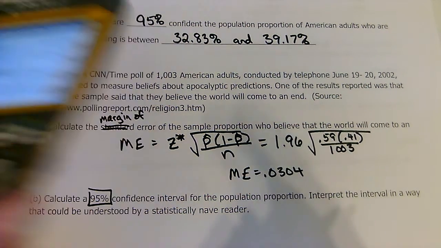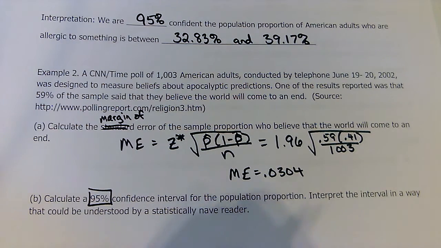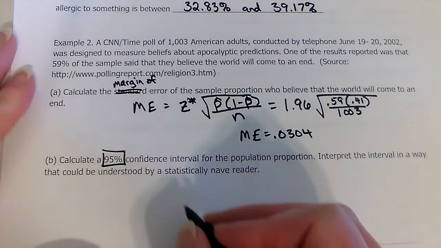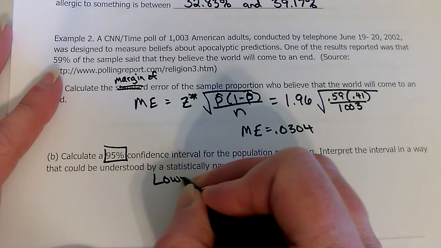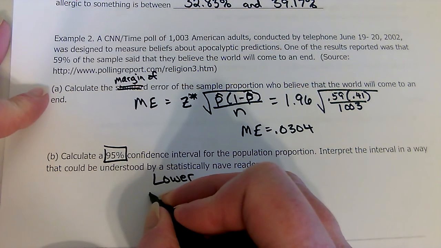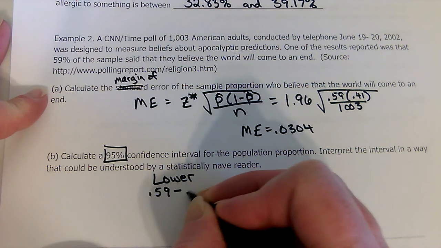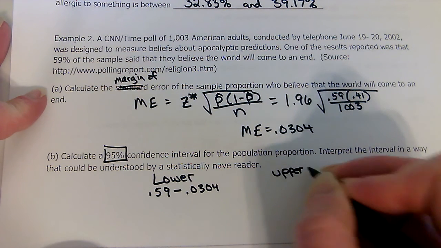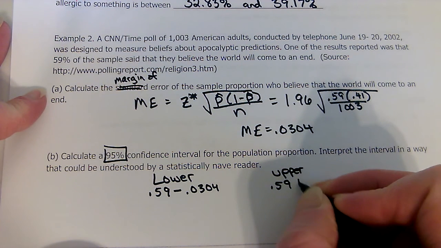That's how much we're going to add and subtract to the sample proportion to get our confidence interval. So the lower boundary, you would take that 0.59 and subtract 0.0304. And the upper boundary, you would add it.